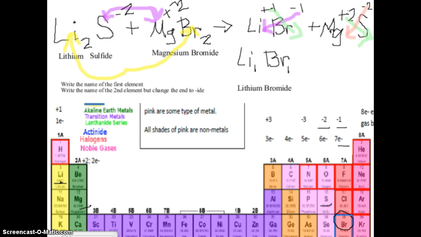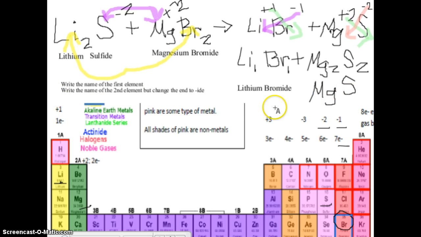And what does that give us as our final product? Well, that gives us magnesium, and our magnesium is going to have a 2 there, and a sulfur, and our sulfur is going to have a 2 there. But you know what? We can reduce. Since they're both 2's, we could just write it as MgS. We could reduce it. And what would the name of that compound be?